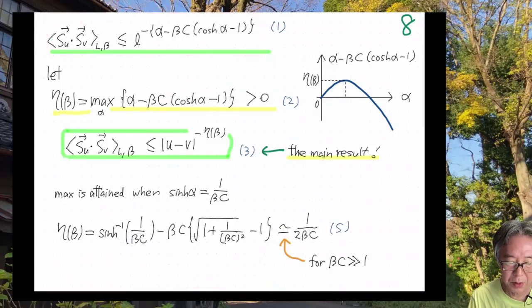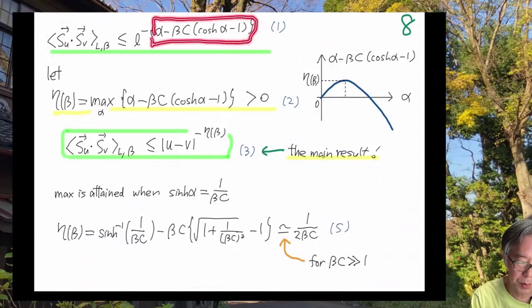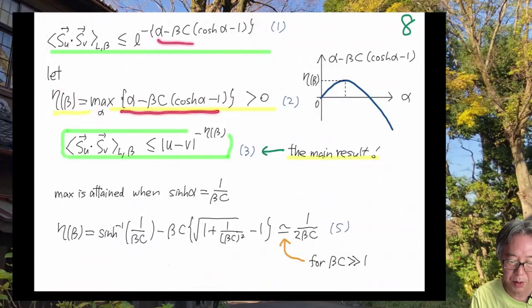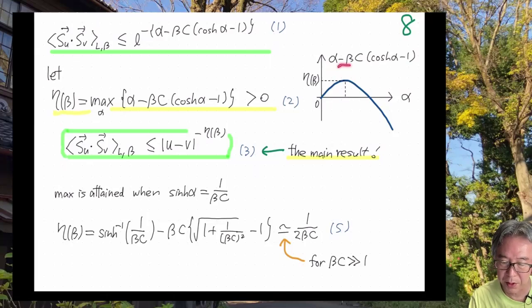Then we want to maximize this upper bound by choosing a proper alpha. Of course, we want to have a big negative exponent. So we define eta(beta) as the maximum of this quantity here, and I argue that this maximum is always strictly positive. You find it by drawing the graph of this thing.